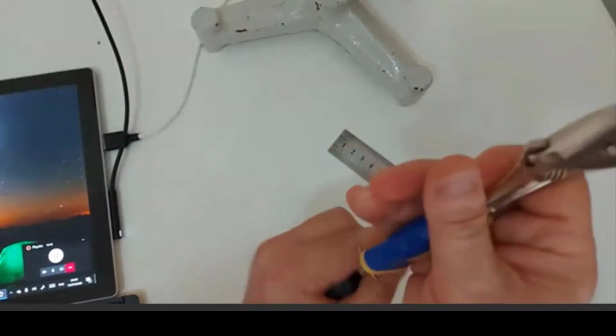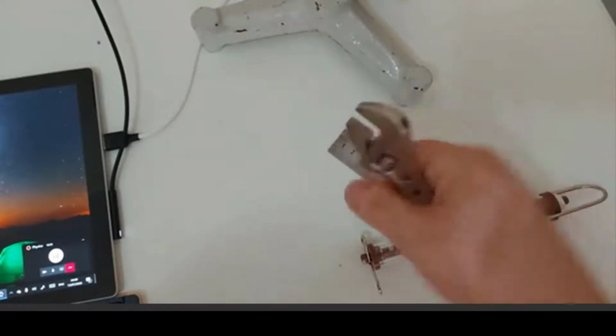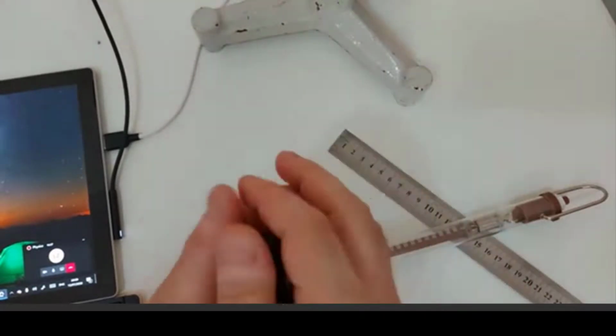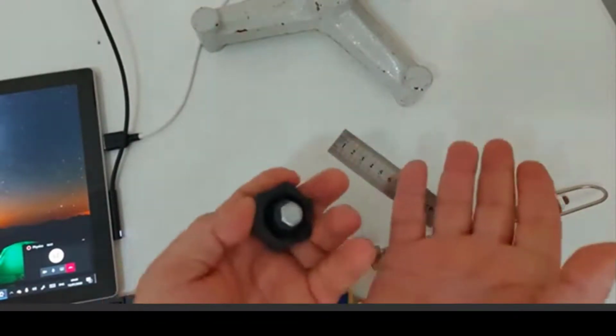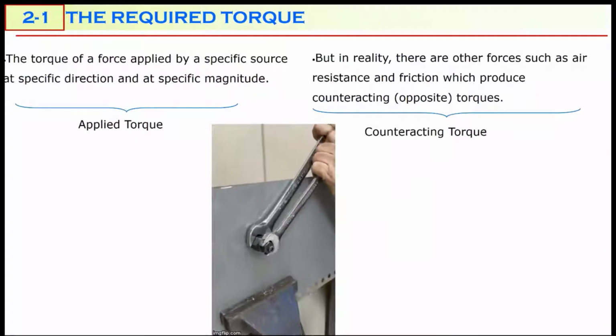Sometimes children cannot open the handle of the door because they cannot produce enough torque. So you also need a minimum amount of torque to rotate the handle, or it can be a window. In general, the minimum amount of torque required to rotate an object is what we define as required torque.